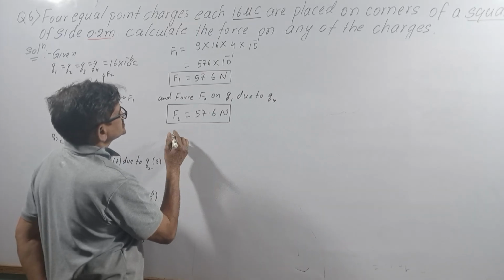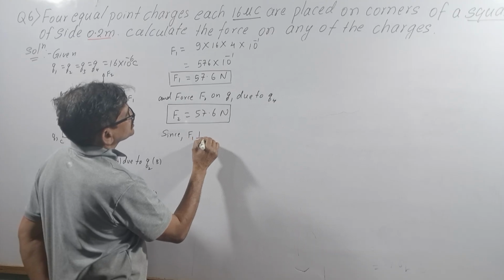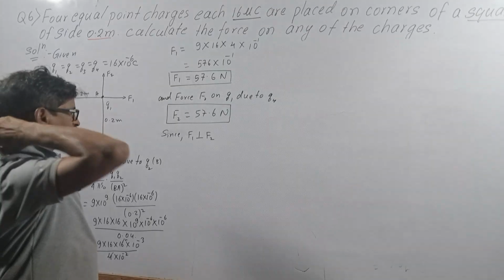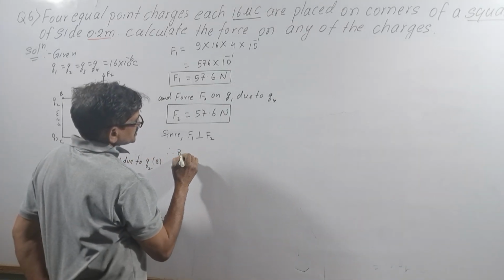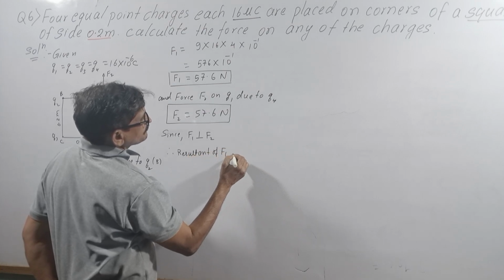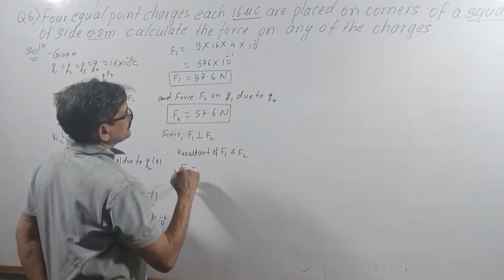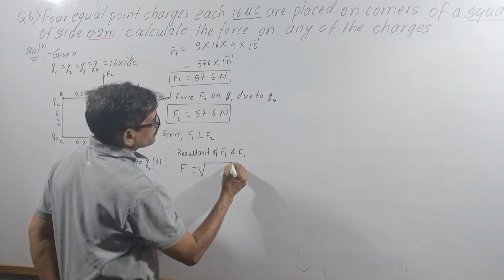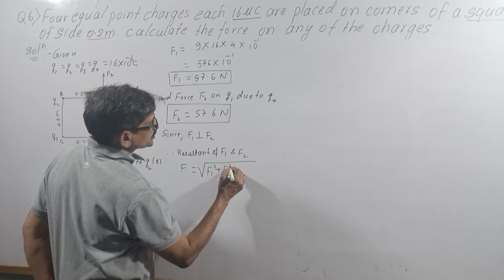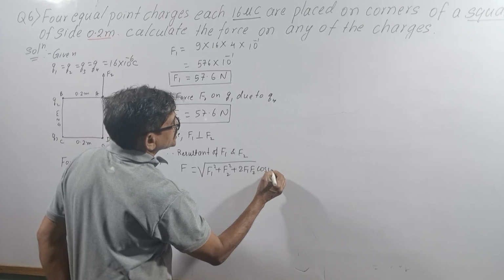Now right here, since F1 is perpendicular to F2, therefore the resultant of F1 and F2, that is F equal to, apply the parallelogram law: F1 square plus F2 square plus 2 F1 F2 cos theta.